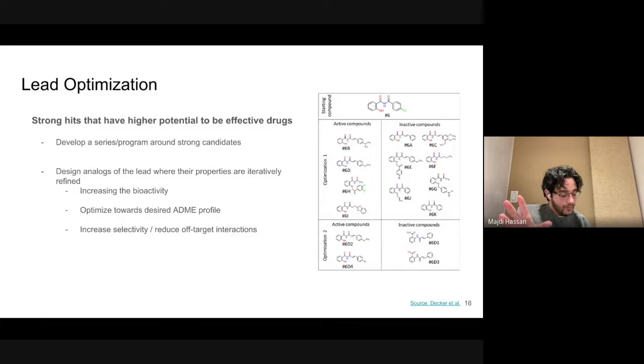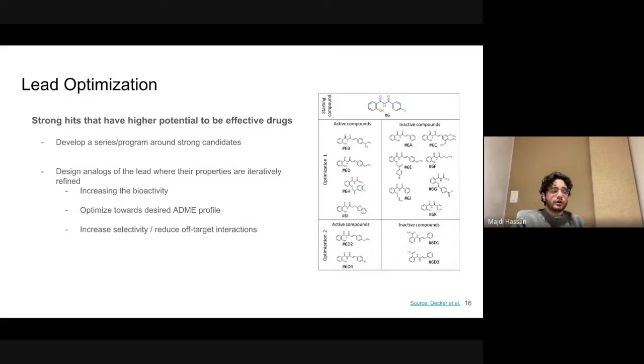So we have now filtered out, we now have about a dozen or so compounds, and we're in the lead optimization phase. In this phase, you have strong hits that have high potential to be effective drugs.